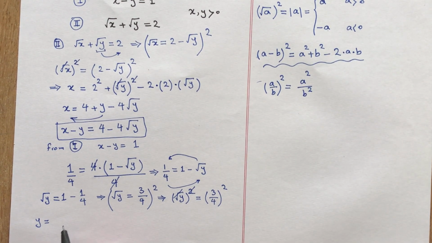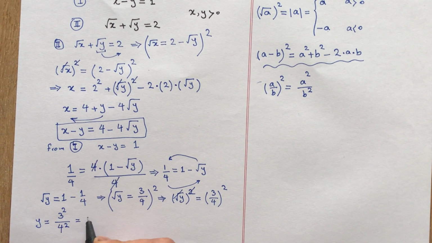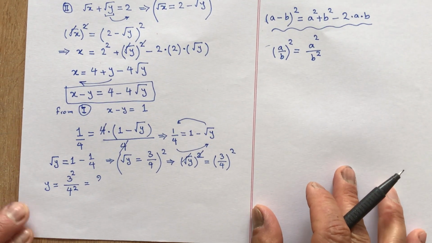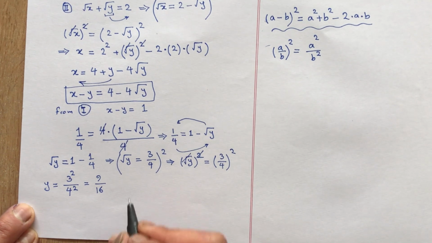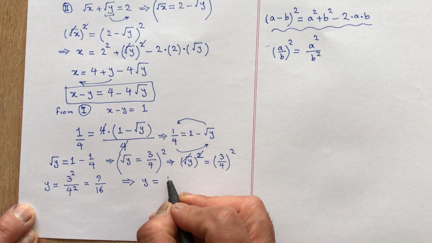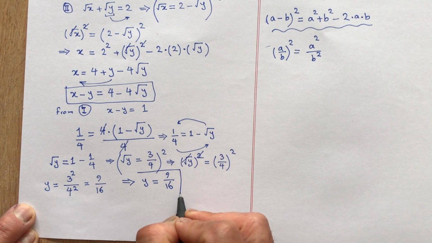So here we have 3 squared over 4 squared, that equals 9 over 16. So y is equal to 9 over 16.